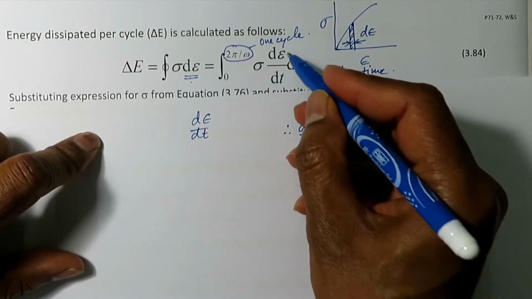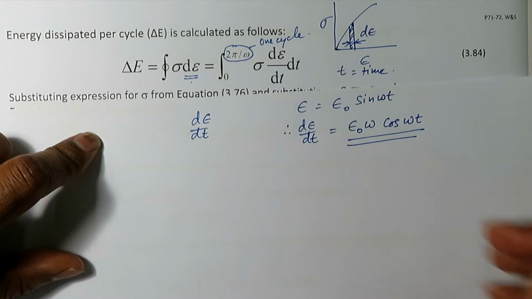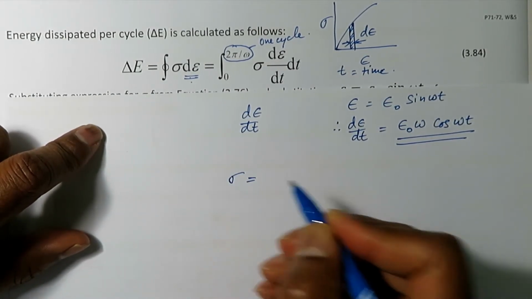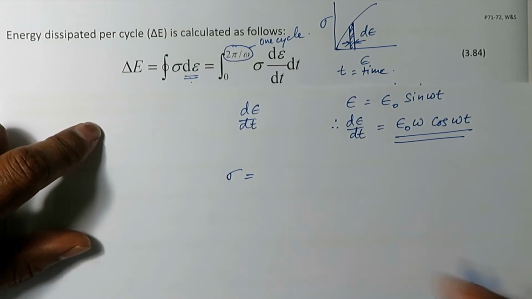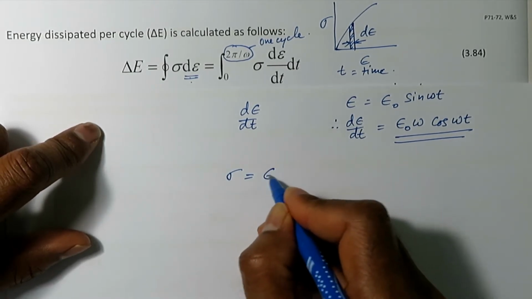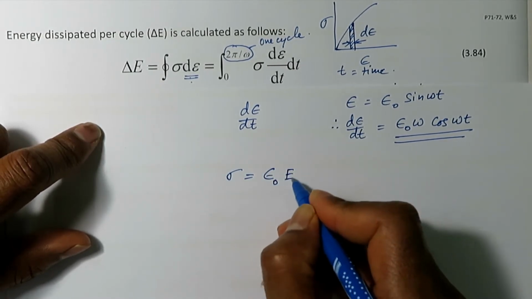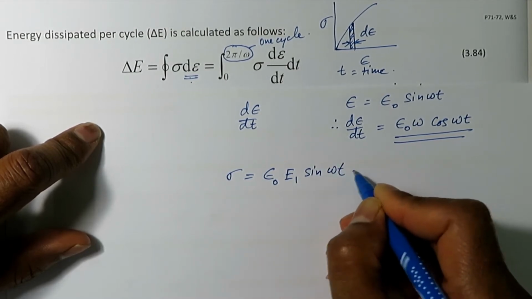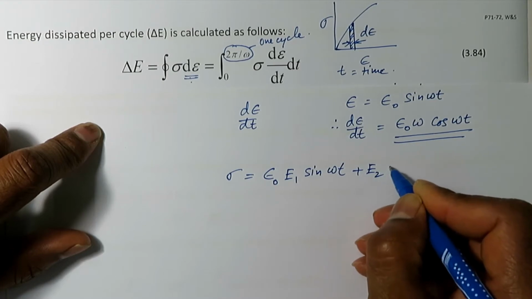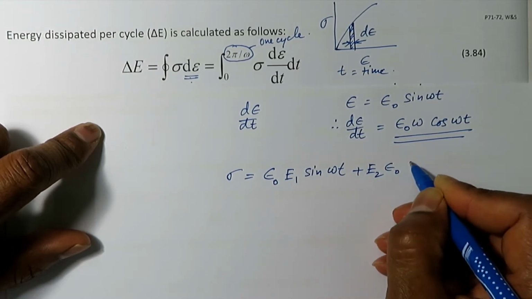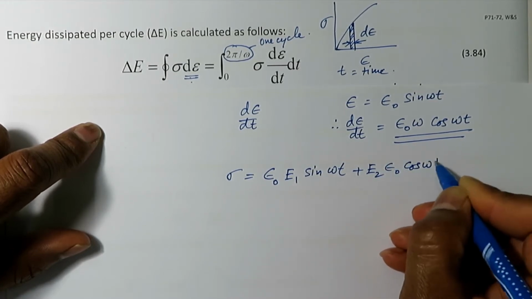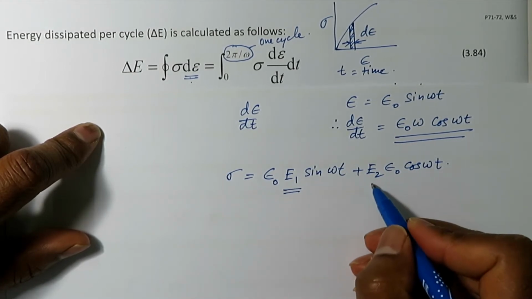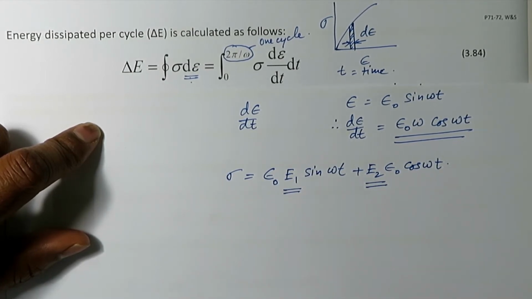This will go for this substitution, and sigma has already been defined in my previous video as this. Here E1 is the storage modulus and E2 is the loss modulus.